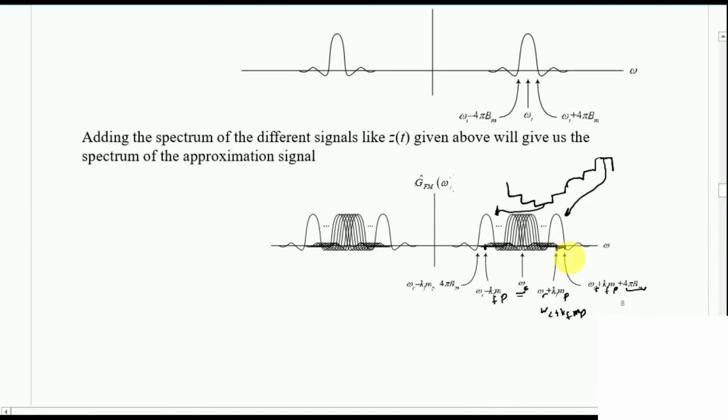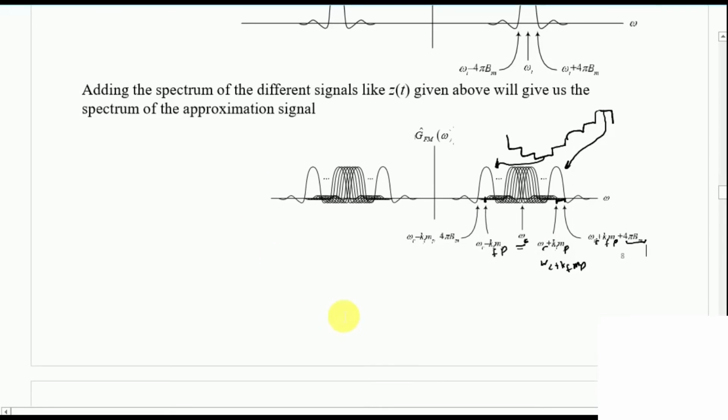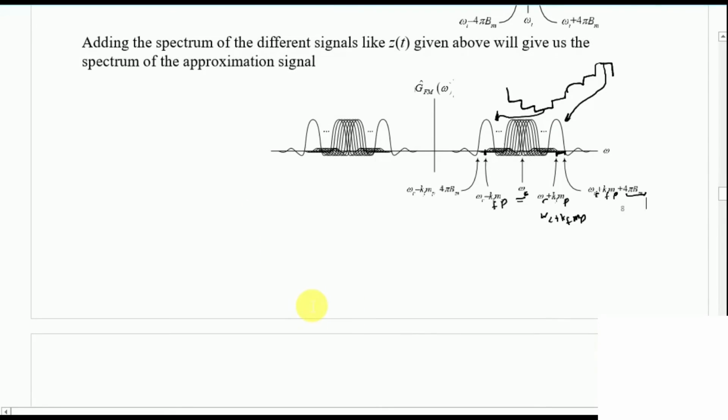So if we need to detect the bandwidth of this signal, we would simply have 3 blocks. From here to here, this is the first block, and then on the right side we have a main lobe until here, and on the left side we again have a main lobe, right?